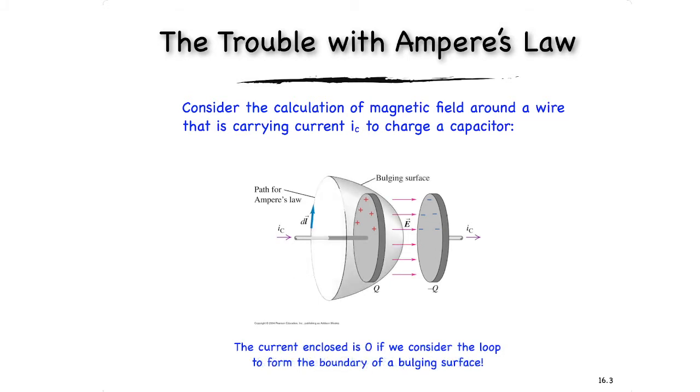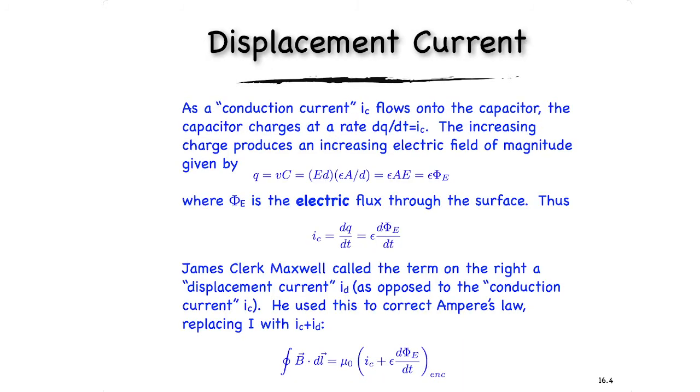So what we do have in the middle of the capacitor is an electric field. And if we want to work out the relationship between that electric field and the charge that flows onto the capacitor, we know for a capacitor that Q equals VC.